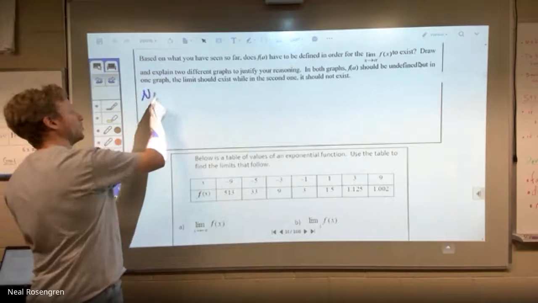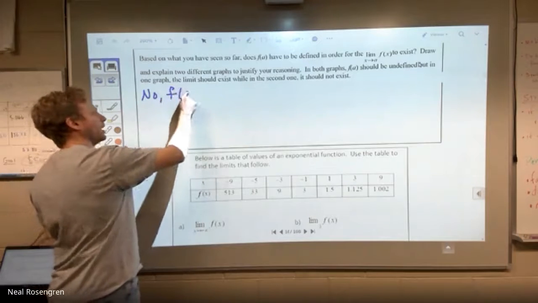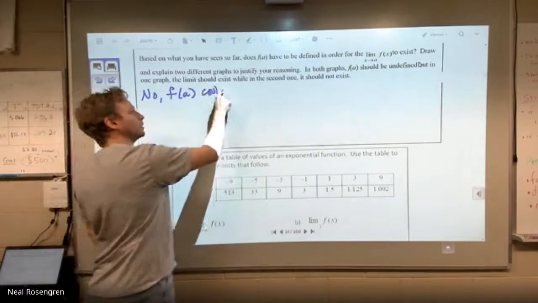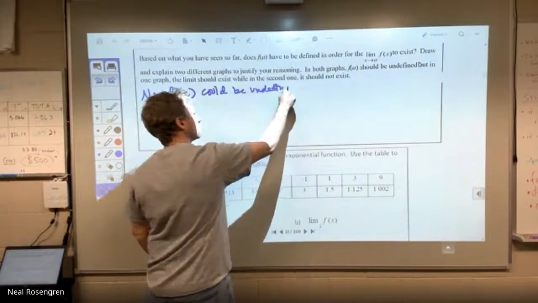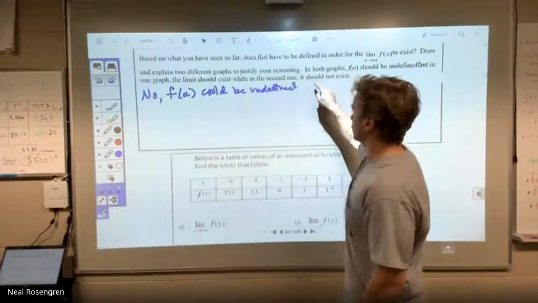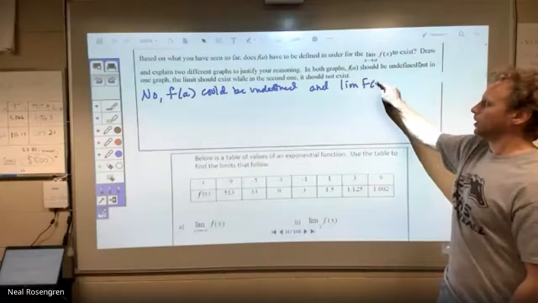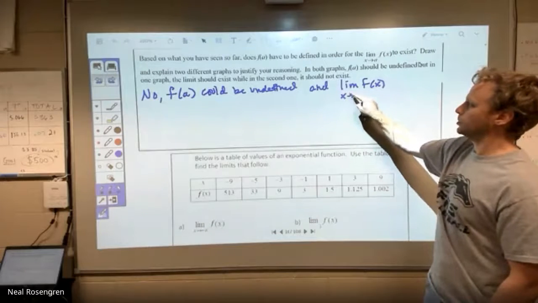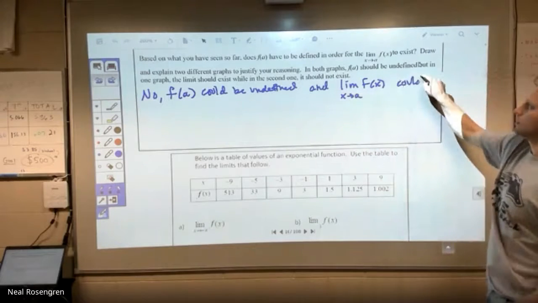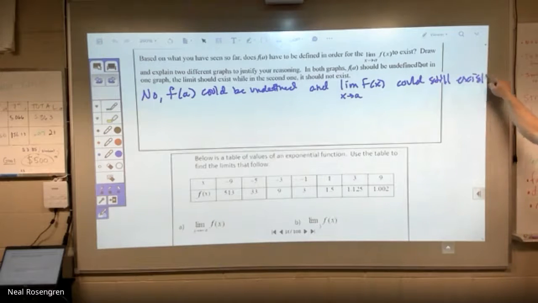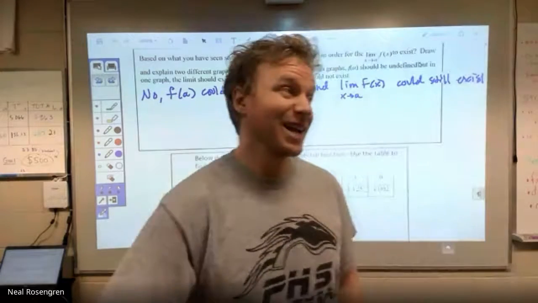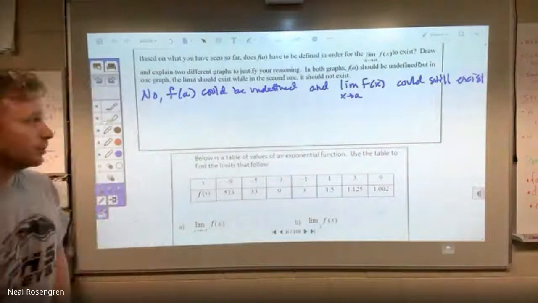No. F of a could be undefined, and the limit of f of x as x approaches a could still exist. It's nice if it is defined, but it doesn't have to be.